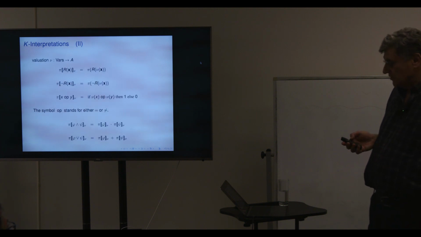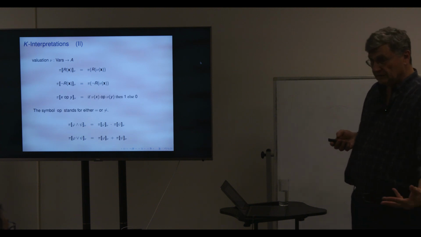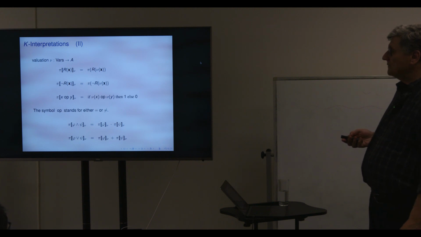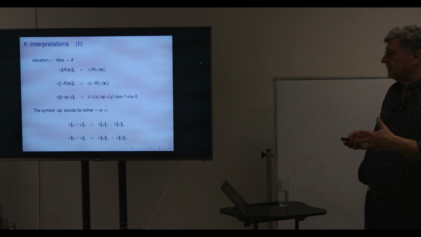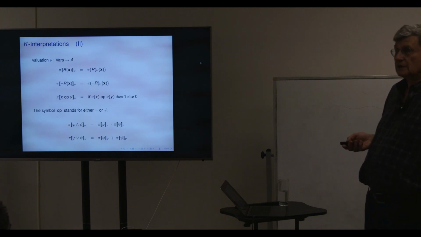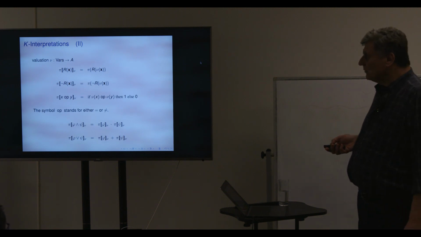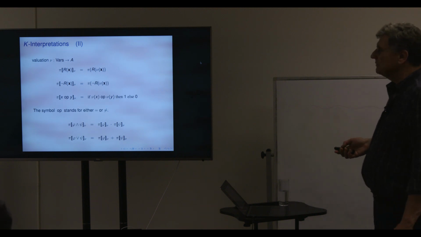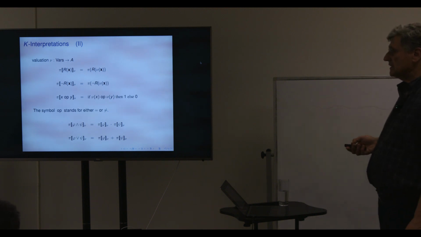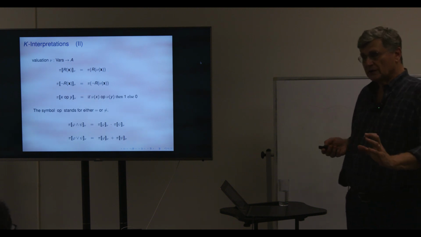So this is a definition. For the atomic formulas, you use the interpretation that's pre-given. This is exactly a variant of what you do for Tarskian truth in a first order model. For equality or inequality, for the moment, I choose to interpret those as 1 if the equality holds, and 0 otherwise.